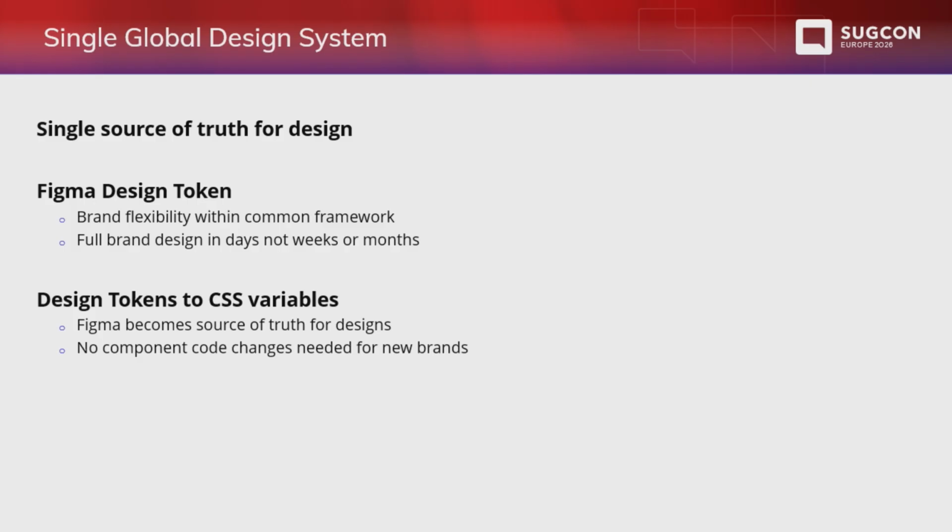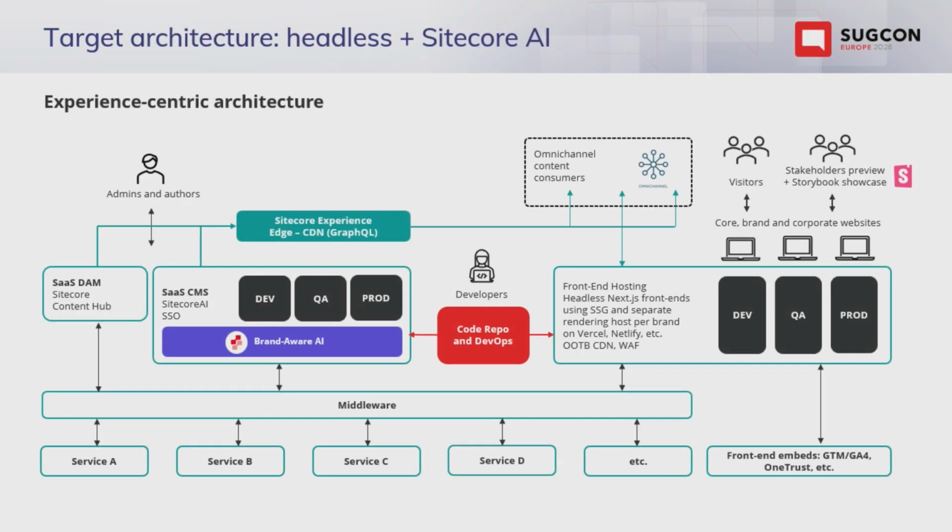I'll show you later in the demo in Figma how you can swap between brands, and that will swap between the variables. We replicated that functionality on the front end so that now we have a one-to-one correlation between Figma and the code. Anything the designers can do, we can also do, and it gives us that sync. Again, I'll show you that in the hopefully live demo later.